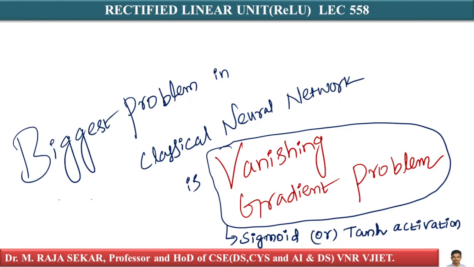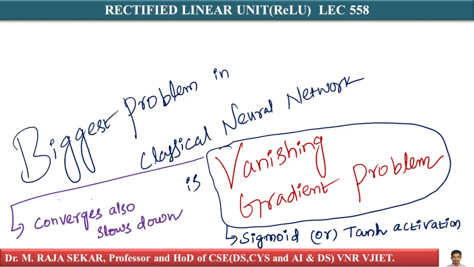When you have the vanishing gradient problem, your convergence also slows down. Why? The reasoning is very simple: because if you have the vanishing gradient problem, the update is very small.